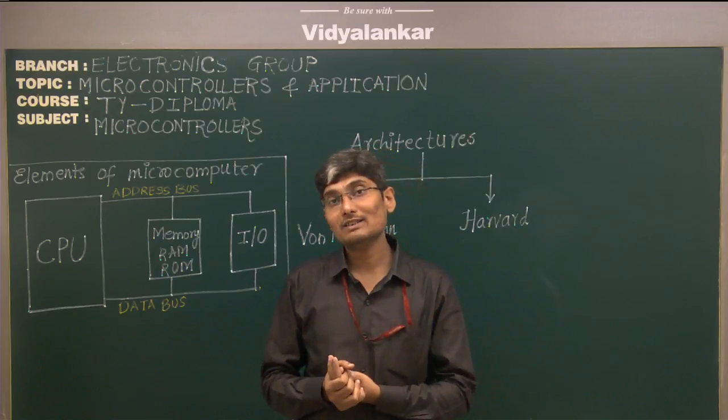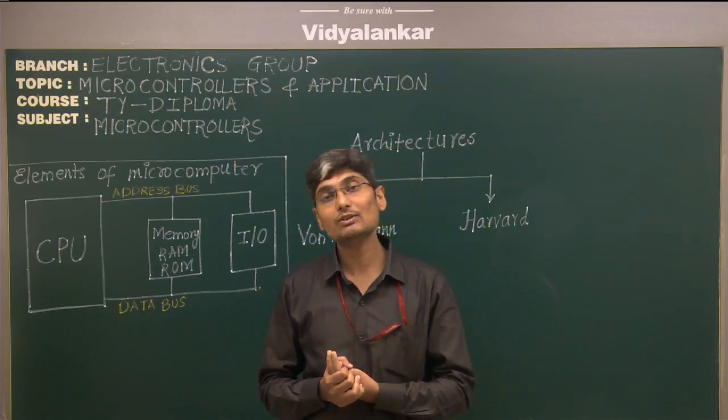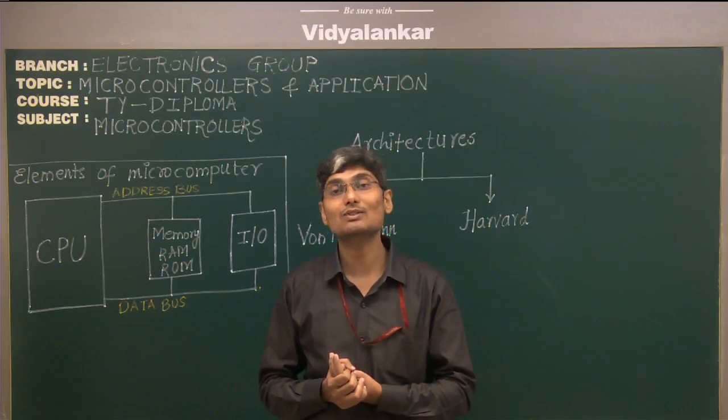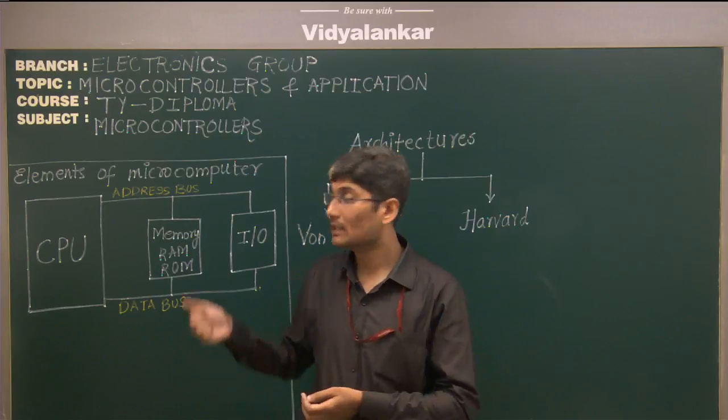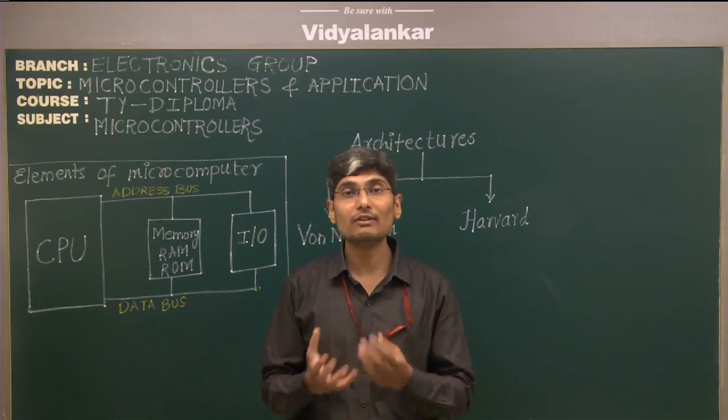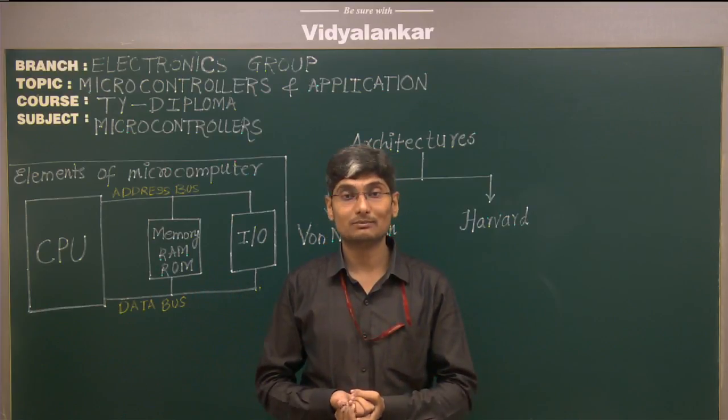Previously, in the year 1971, when it was first introduced, it was called a system on chip. Today, the definition of system on chip has changed. But this is a perfect example of a system on chip.